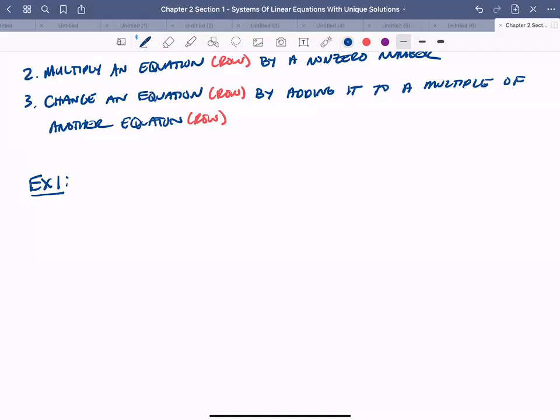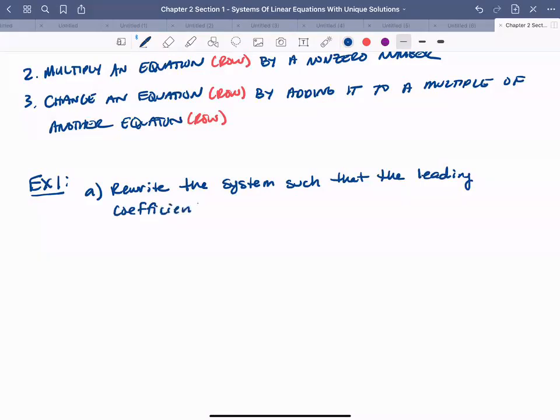Part A: we're going to rewrite the system such that the leading coefficient in, we'll be more specific, the first equation is 1.